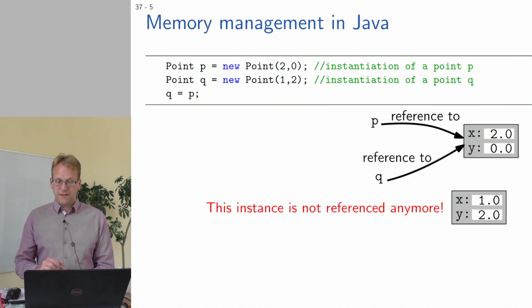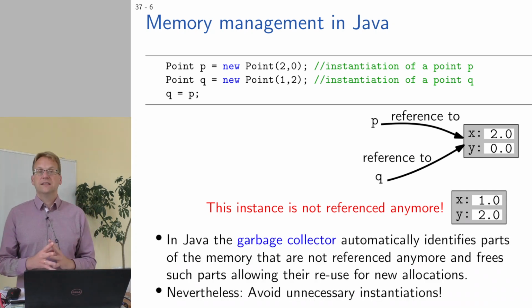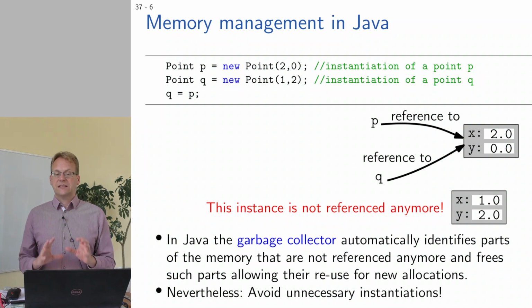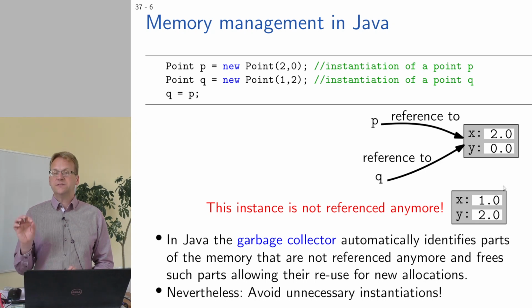In Java, the nice thing is that if you have any such instance in the memory which is not referenced anymore, there's a thing called the Java garbage collector, which automatically identifies parts of the memory that are not referenced anymore.